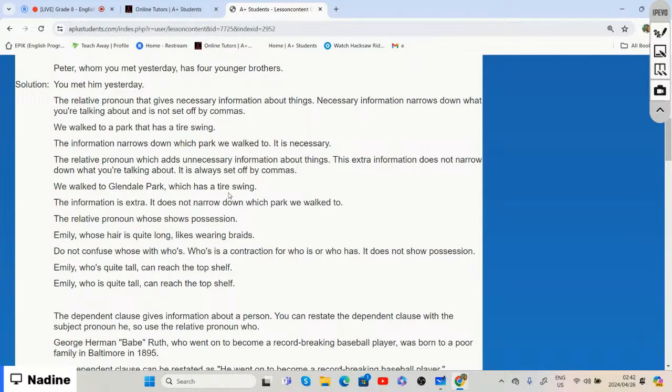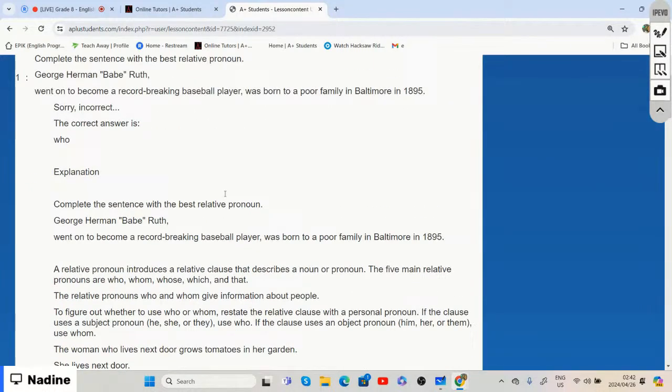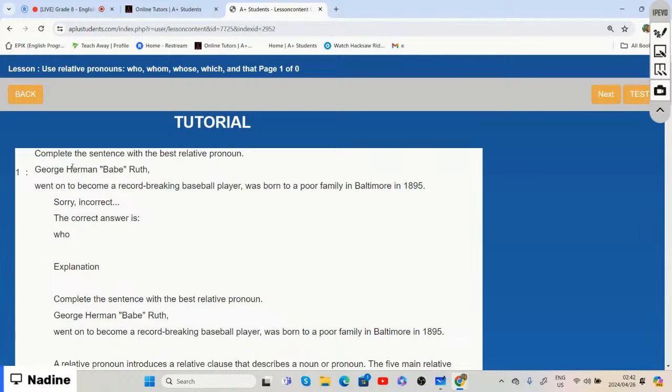All right. And if we look at our sentences, it says complete the sentence with the best relative pronoun. It says George Herman Babe Ruth, who went on to become a record breaking baseball player, was born to a poor family in Baltimore in 1895.